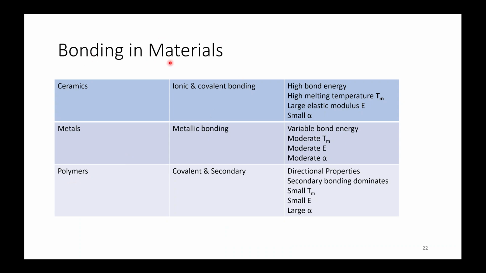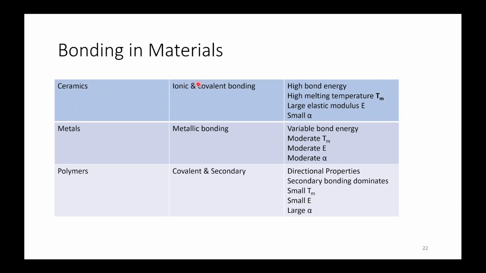Now we know the main classes of materials are ceramics, metals, and polymers. In case of ceramics, the main bonding will be either ionic or covalent, or it can be a mixture of both.